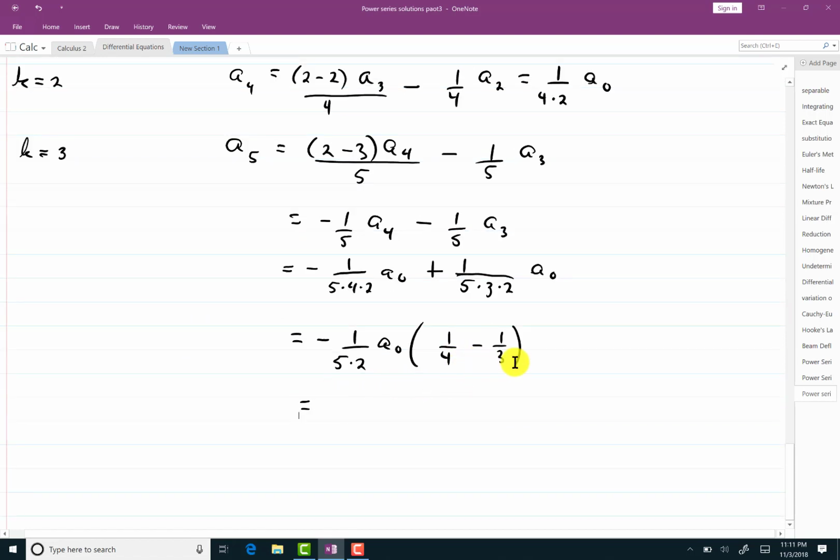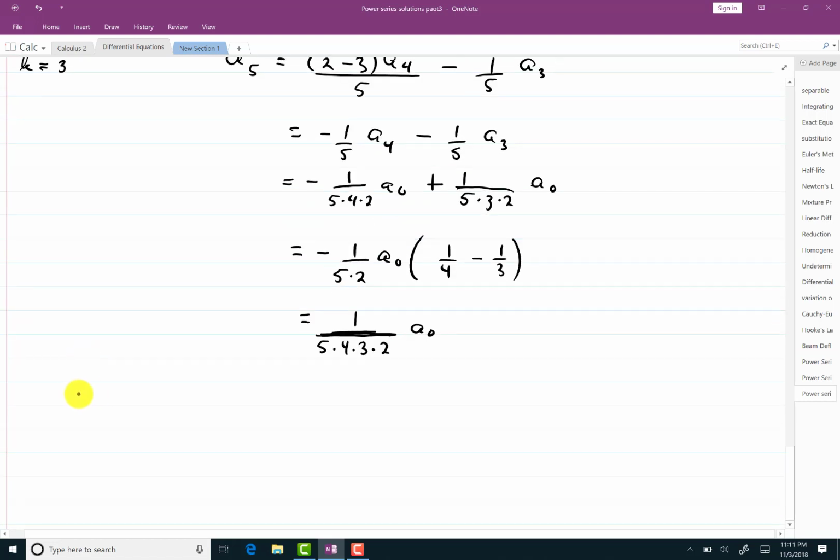And when you do this, you'll get negative 1/12. 3 minus 4 will be negative 1, so I'll have 1 over... Now, instead of putting a 12 down here, 12 does factor as 4 times 3. So, as I said, I'm always on the lookout for a pattern of some sort. And I think I'm going to stop there because I do have terms up to a sub 5.